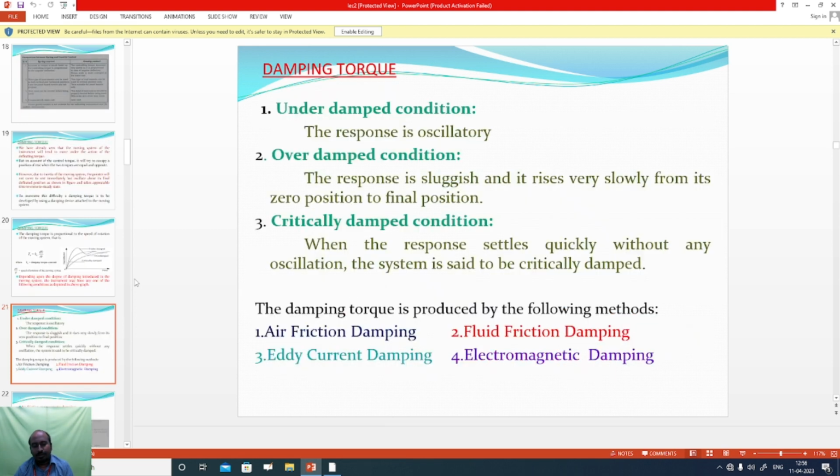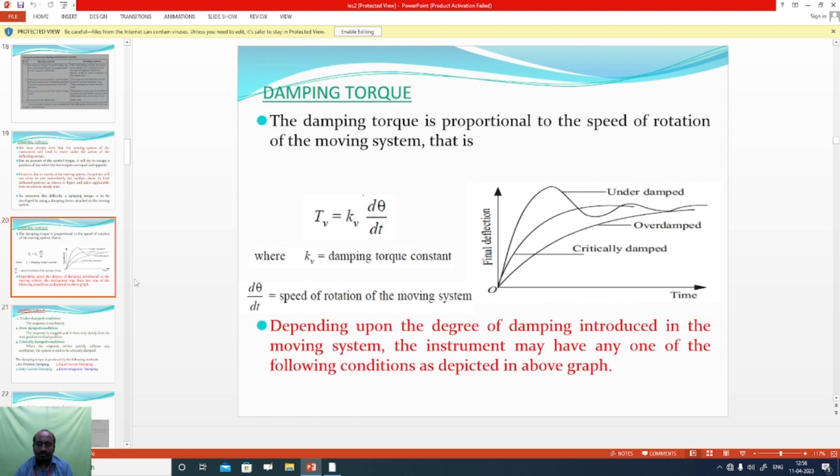Of the three conditions, the first is the underdamped condition. When the response is oscillatory, the condition is called underdamped. When the response is sluggish, that is, when it rises slowly from its zero position to its final position, as you can see here, the condition is called overdamped.